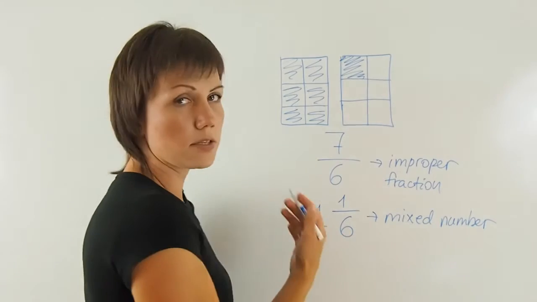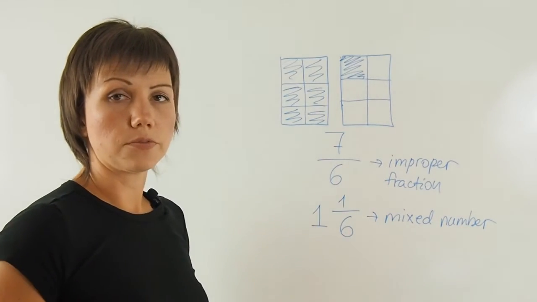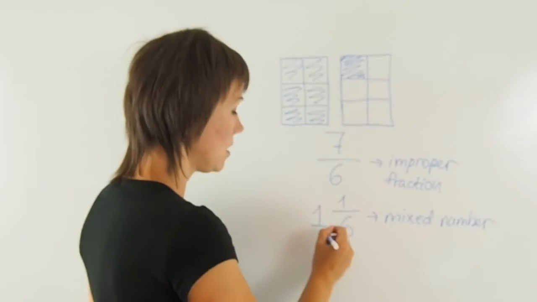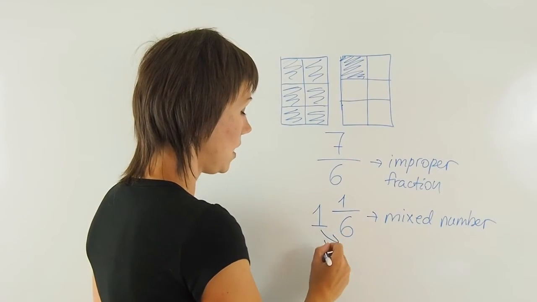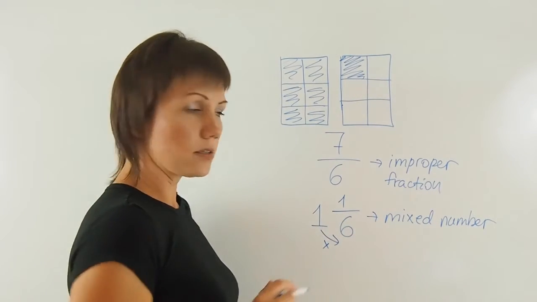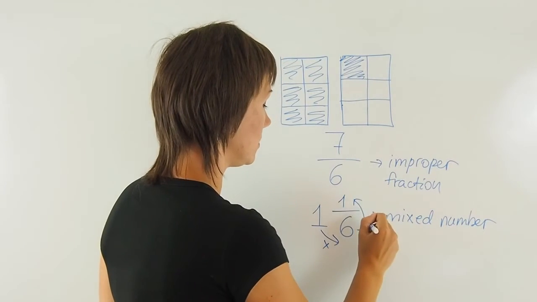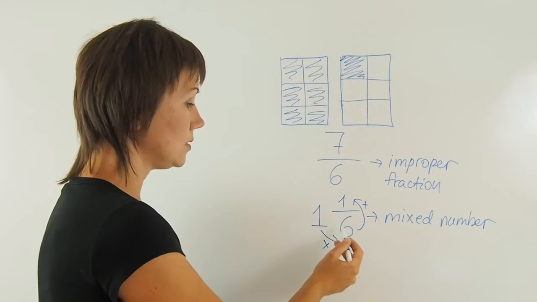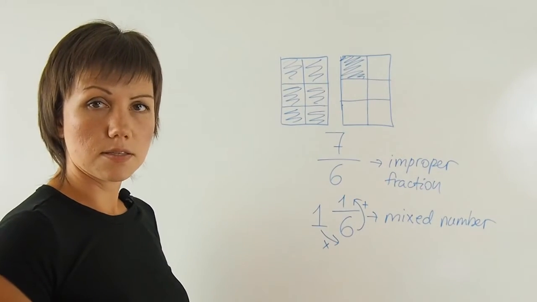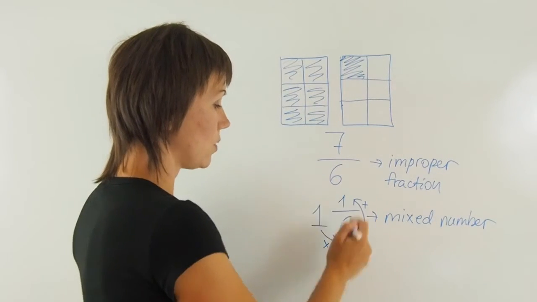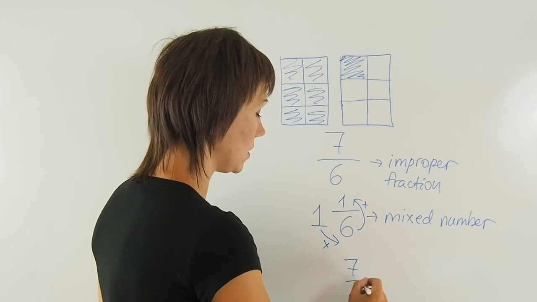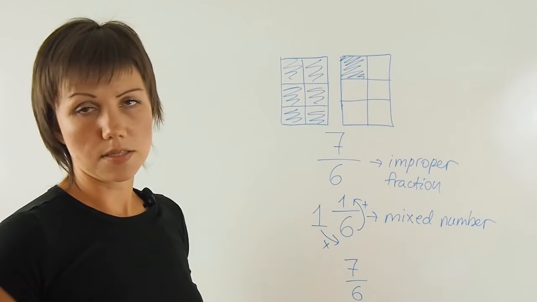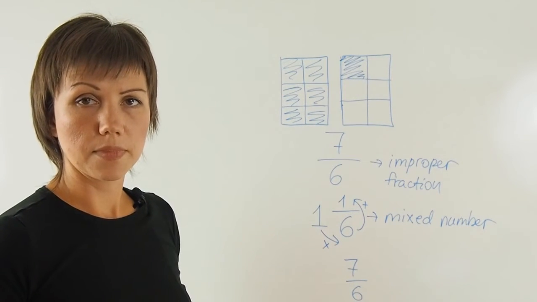In order for us to go back to an improper fraction from the mixed number, I will multiply 1 by 6 and then add the numerator to that number. So 1 times 6 is 6. 6 plus 1 is 7, and that will give me back my 7 over 6.